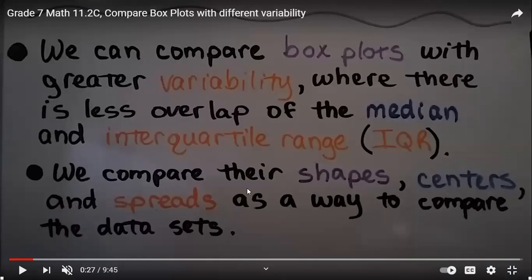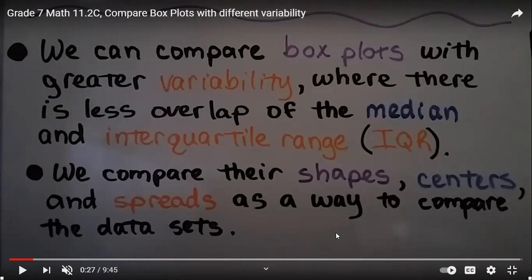Then, to compare, we have to compare between what? We said that we can use the least and greatest value, we can use the median, we can use the range to compare. But if you want to compare, you want to compare between what? Their shapes and centers and spreads. Thank you so much.